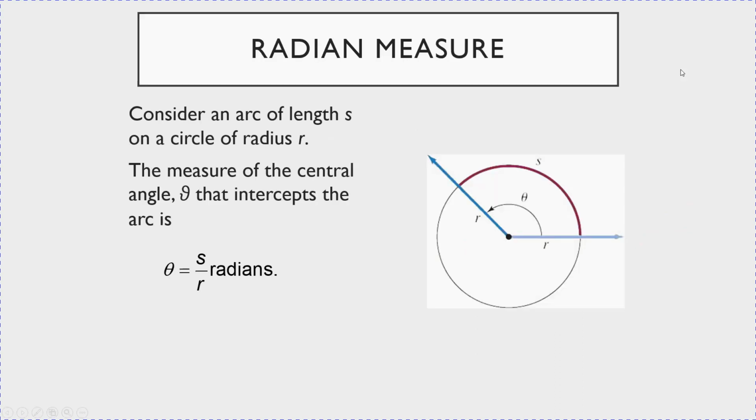All right, so the formula we'll use to calculate radian measures: consider an arc of length s on a circle of radius r, okay? So you can see that going on over here in this drawing. We have this arc here, that's the intercepted arc.